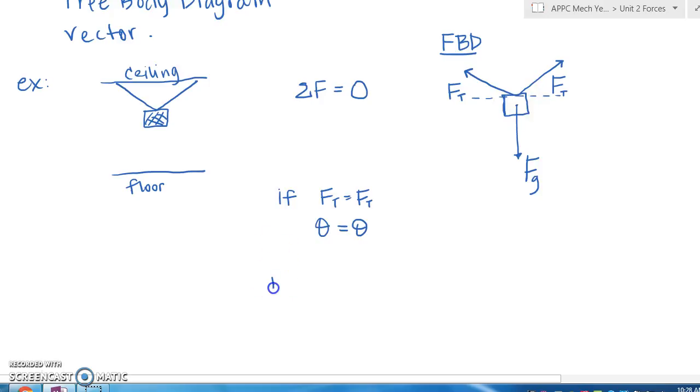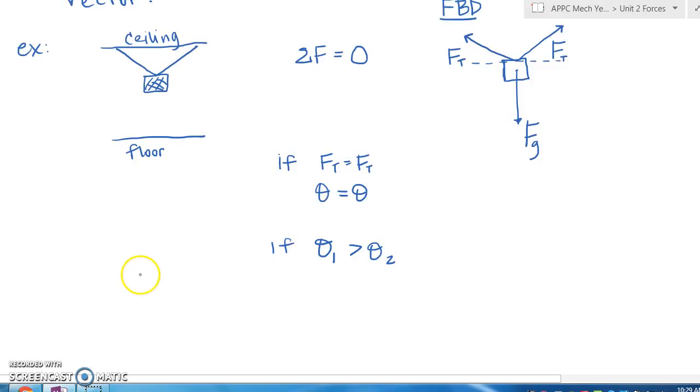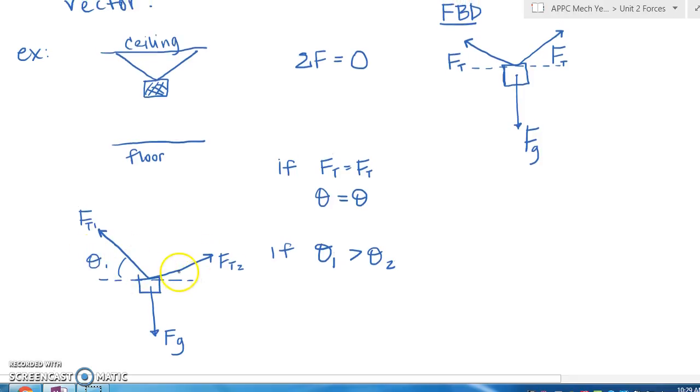But what if I'm going to call the left one theta 1 is greater than theta 2? So that means that your picture might look like force tension 1, force tension 2, gravitational force, and this would be theta 1, and this would be theta 2.